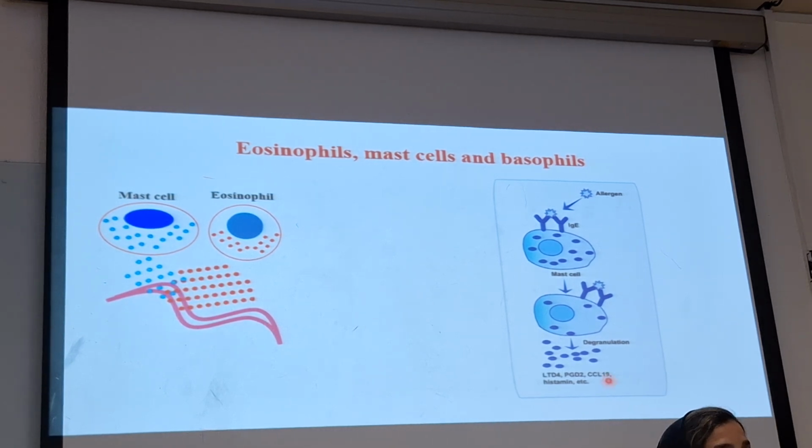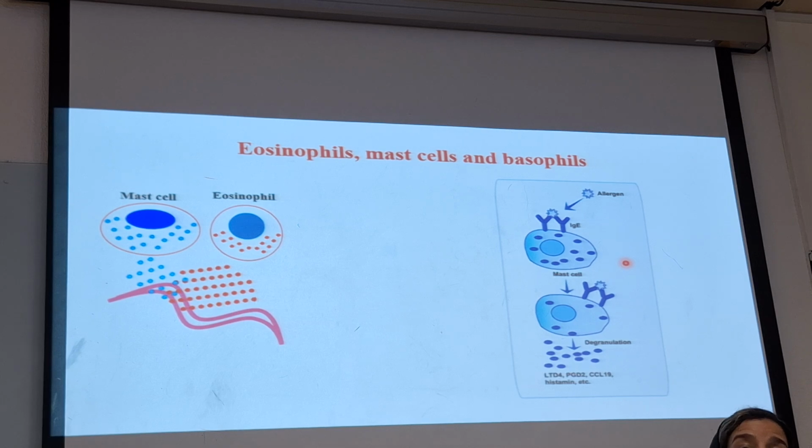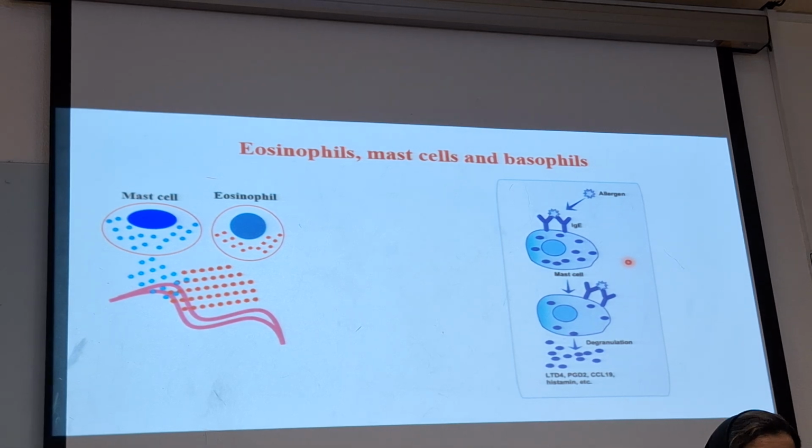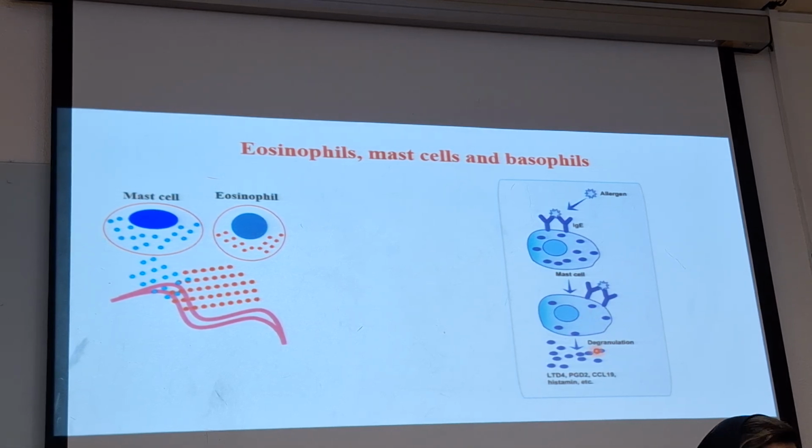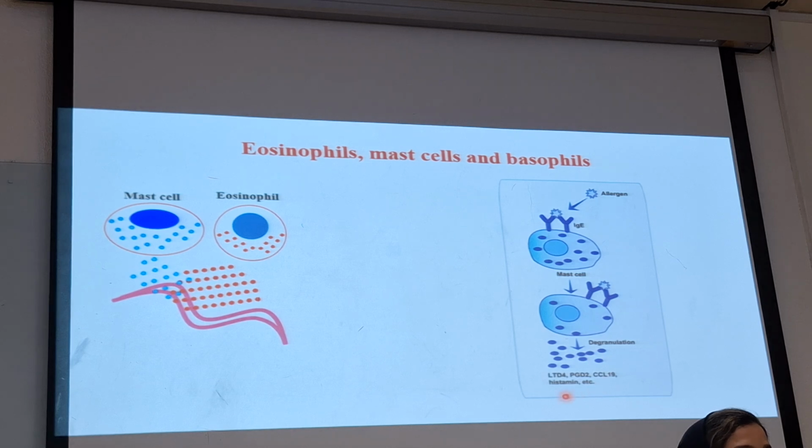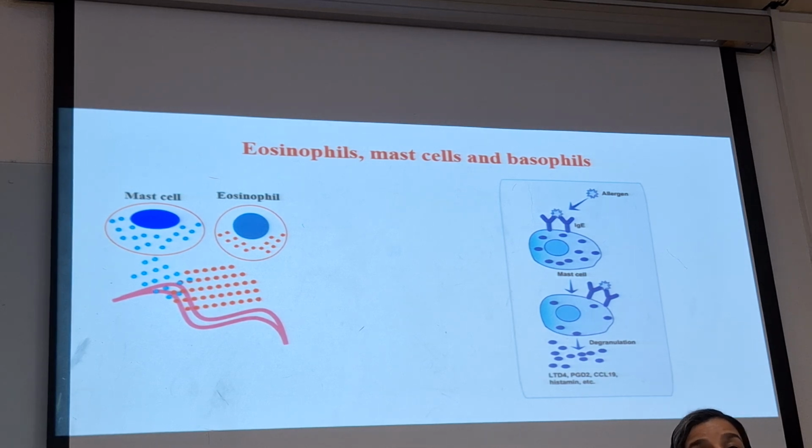pathogens. But I told you that in allergic reactions, when an allergen enters our body, these allergens are recognized by mast cells dependent on the IgE class of antibody, and the mast cells start degranulation and release a lot of mediators.